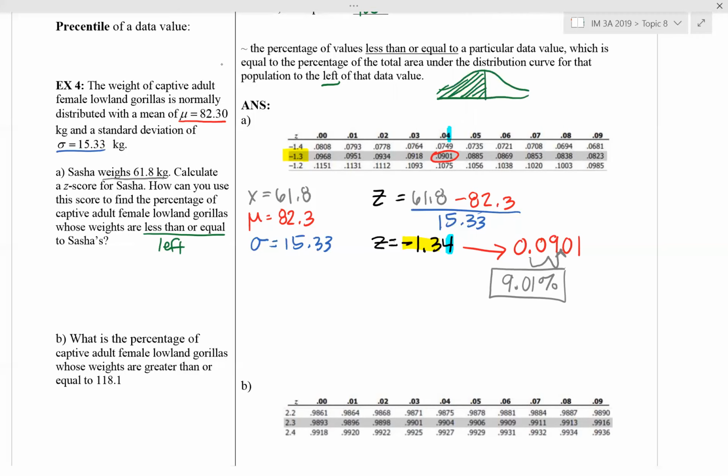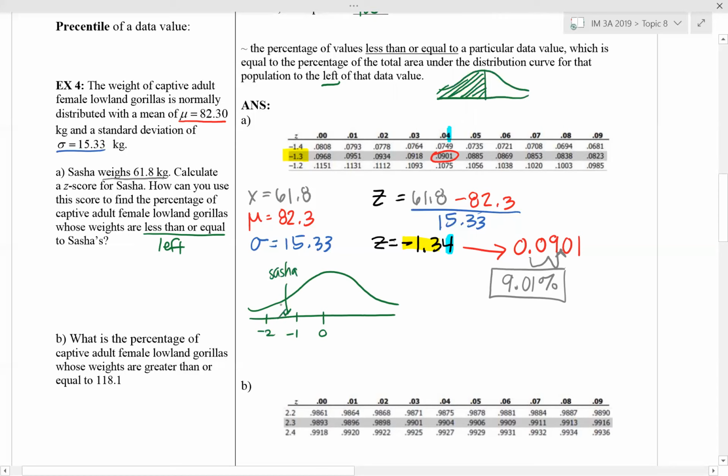So if I have this value here, that this is 0, this is -1, this is -2, Sasha falls somewhere in here, and we're finding this percentage.